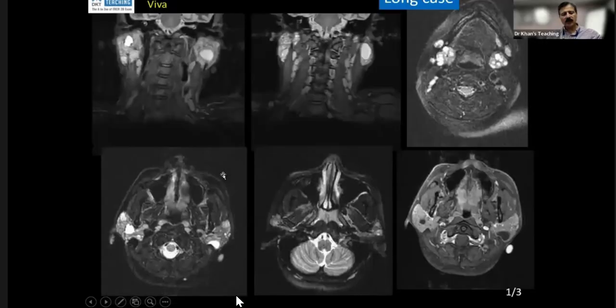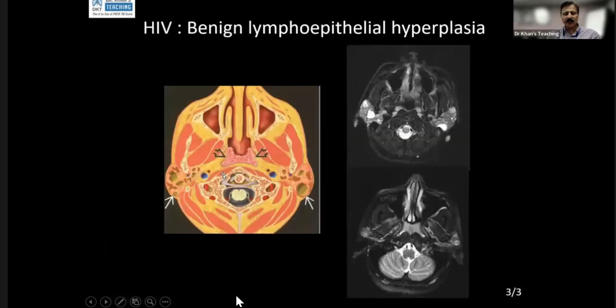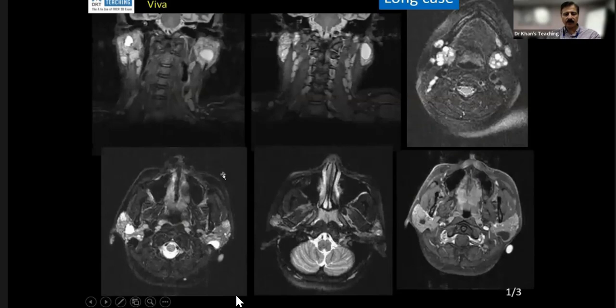So, this is an entity known as benign lymphoepithelial hyperplasia. You have to know this entity to be able to diagnose what is happening. It occurs in HIV positive cases; the patient might have AIDS or might not.